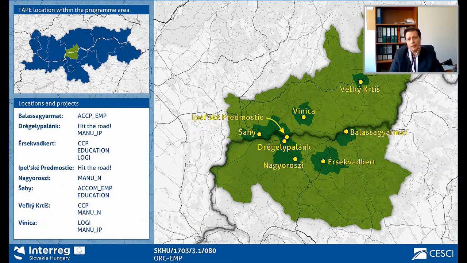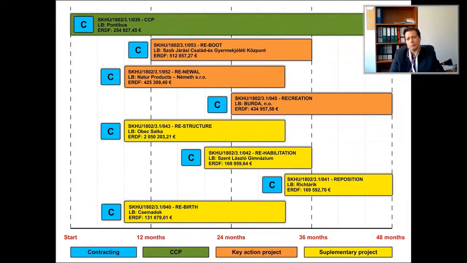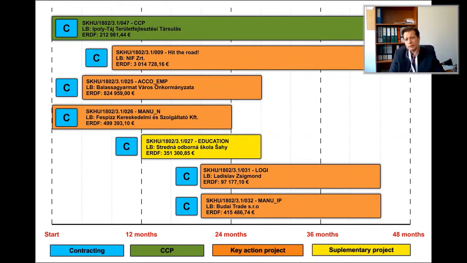Each action plan had to sketch up a minimum of 3 up to 8 investment or soft projects, which were in synergic or complementary relation. Supported types of actions were divided into 7 categories. Of course, not all projects had to create new working places, but all had to contribute to the overall objective of the TAPE.